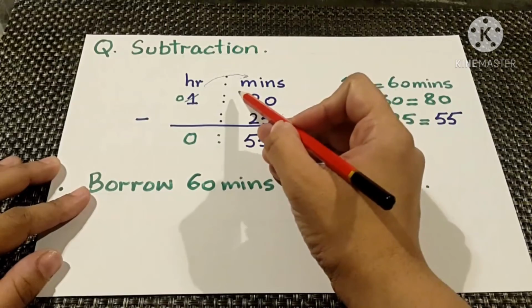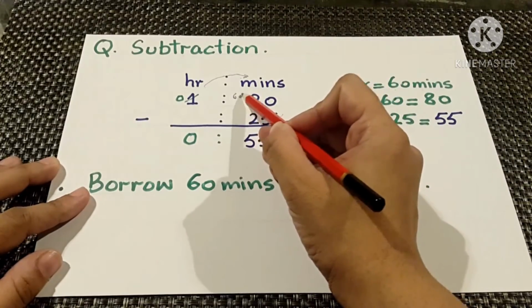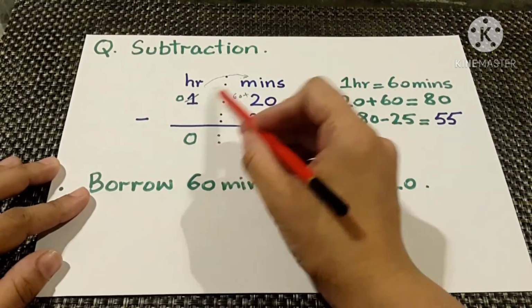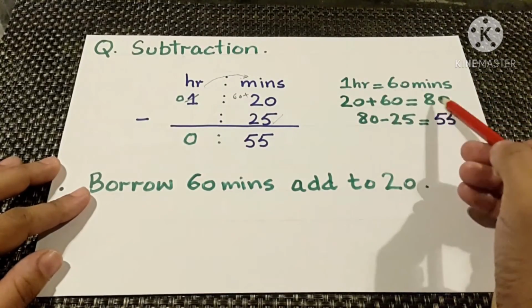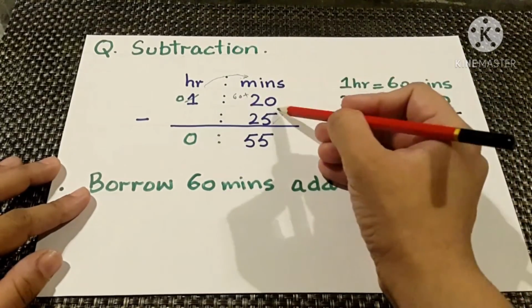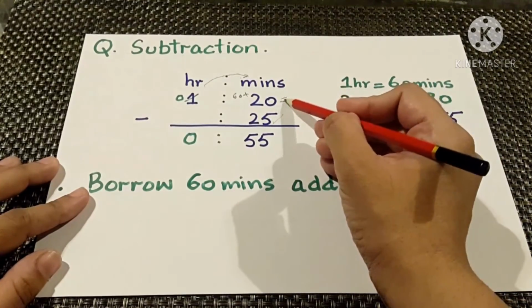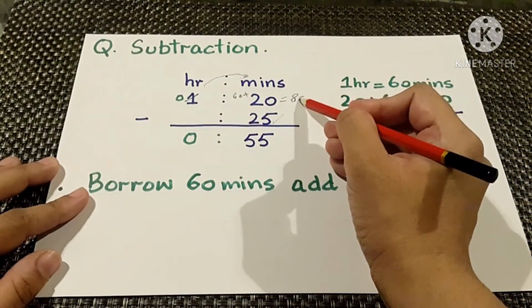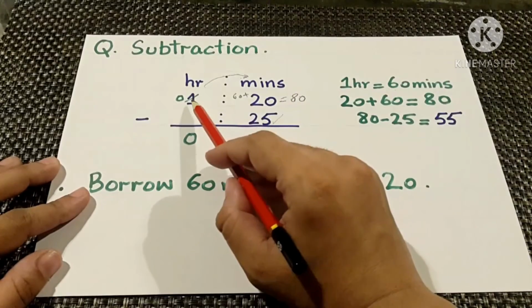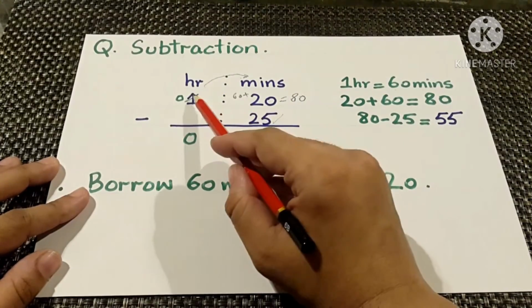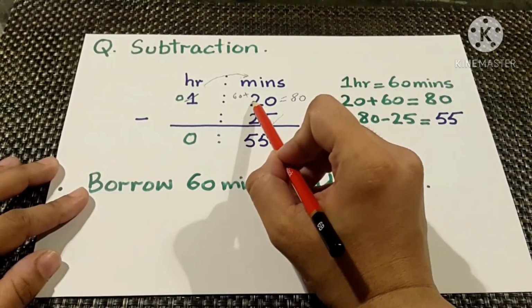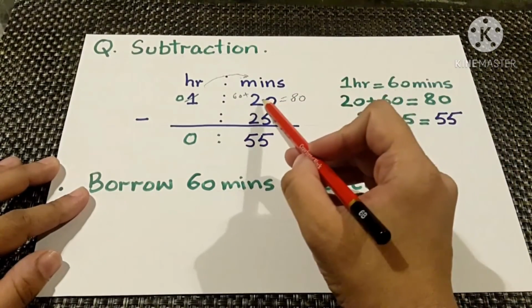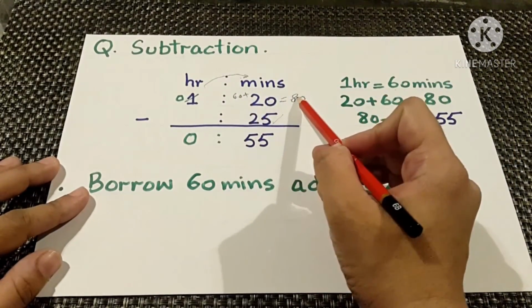So we have borrowed 60 minutes here. So 60 minutes plus 20 minutes will give us 80 minutes. Now here we are getting 80 minutes because we have borrowed 1 hour, which is 60 minutes.